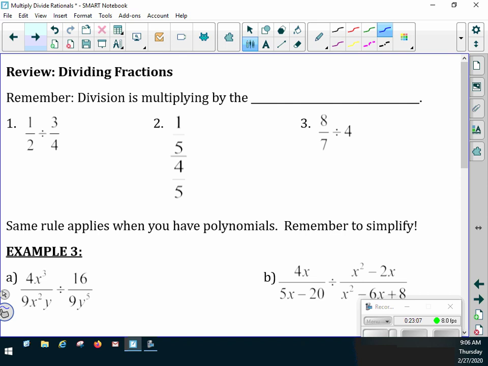Do you remember when you learned a long time ago how to divide fractions? Had something to do with reciprocal, didn't it? Multiply by the reciprocal.